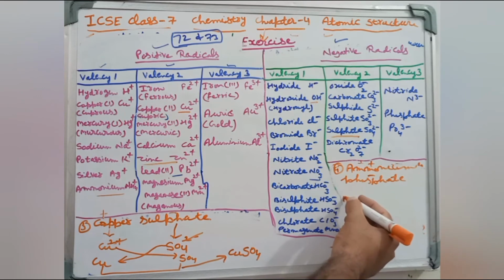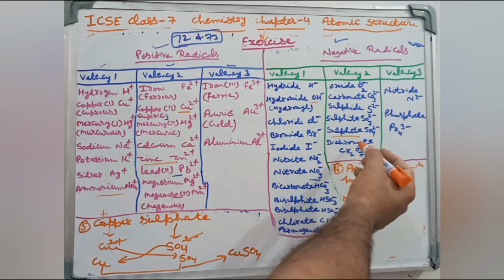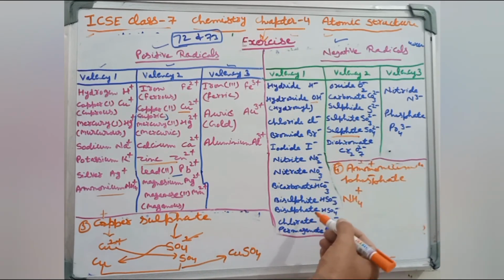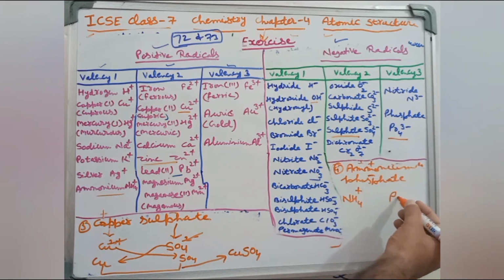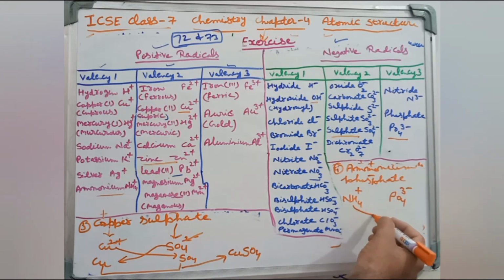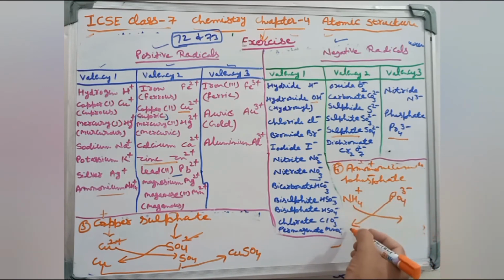So we will write NH4 positive. Phosphate in the negative. You have done sulfate, phosphate. This is phosphate. PO4, 3 negative. This cross, this cross. So this becomes NH4 here.